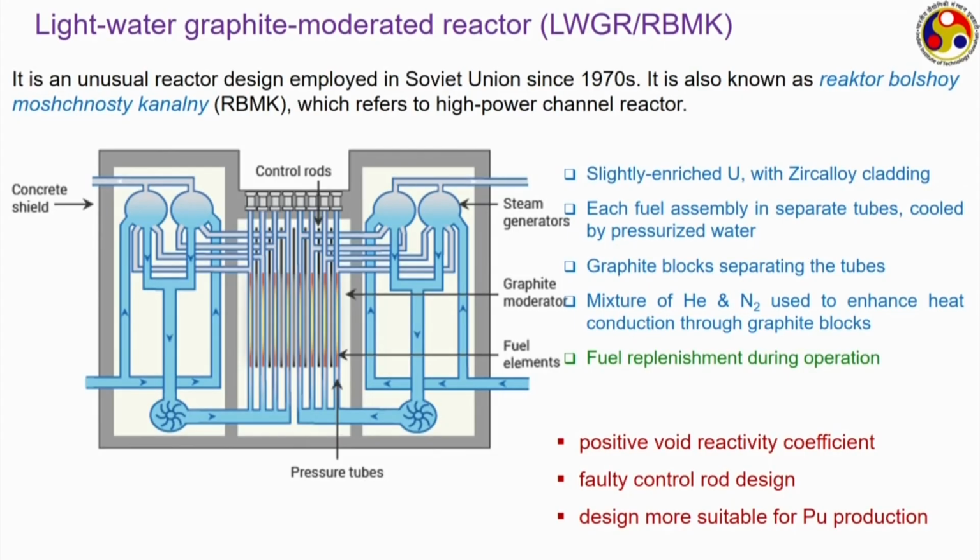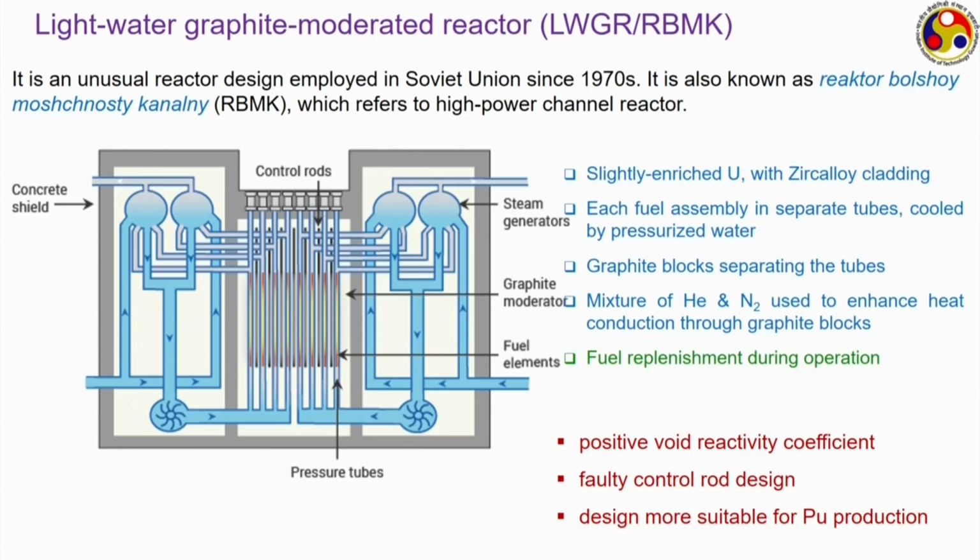But these are the problems with the RBMK design. One is the positive void reactivity coefficient. In the previous module we discussed the void reactivity coefficient, which has to be a negative quantity, but the RBMK design gives a positive void reactivity coefficient. The controller design was also faulty, and the design used in RBMK is actually the design used for plutonium production, but here the objective was to produce power.